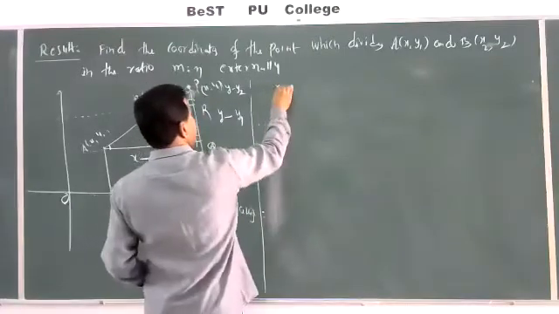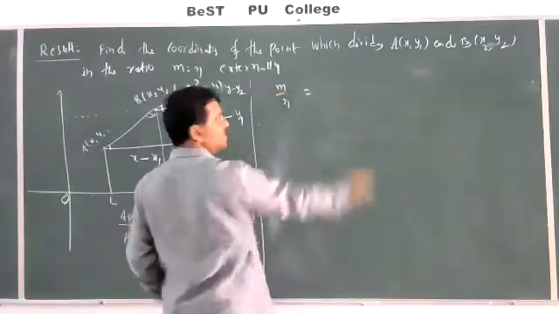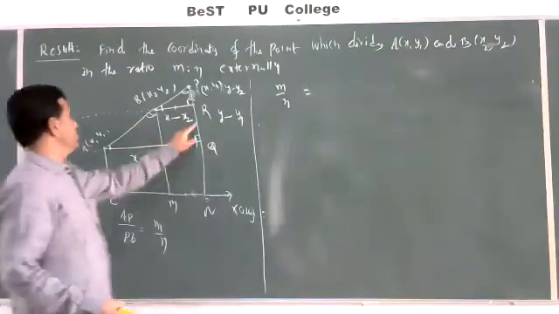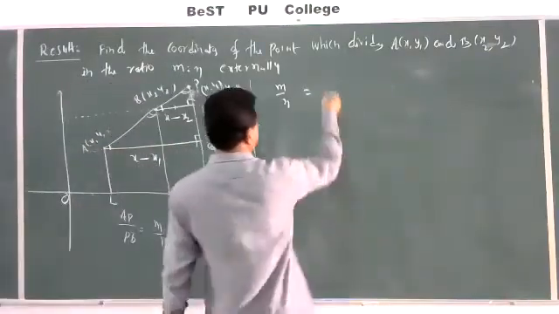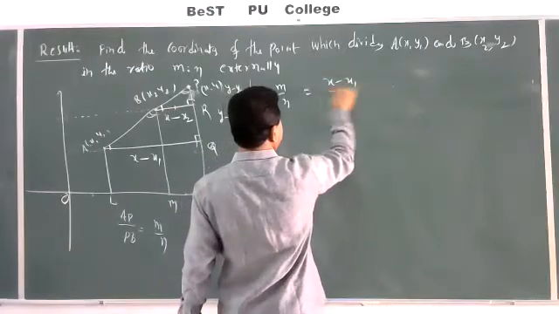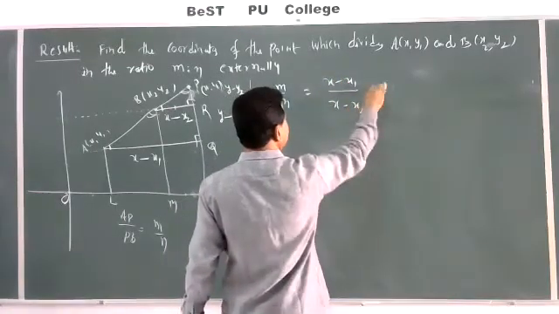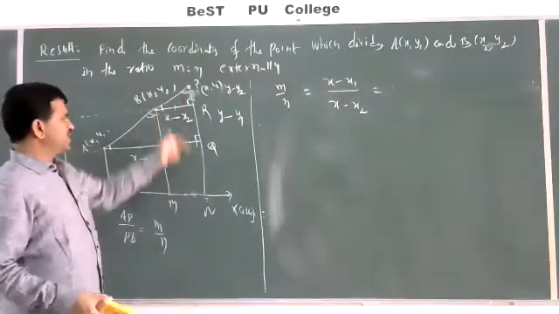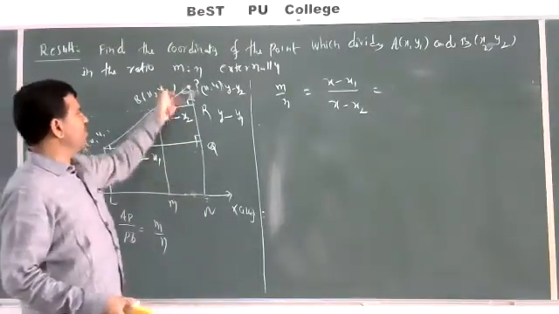AP by PB means that is m by n is equal to. Next we are taking AQ by BR. AQ means x minus x1 by x minus x2, that is equal to. Next we have taken PQ by PR.